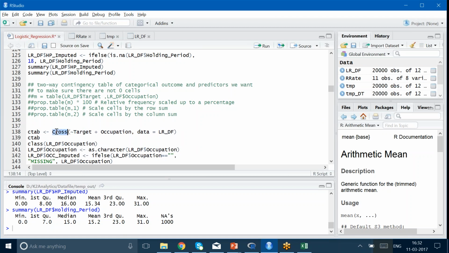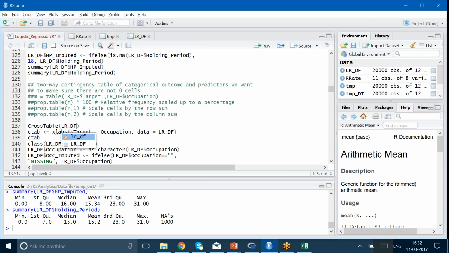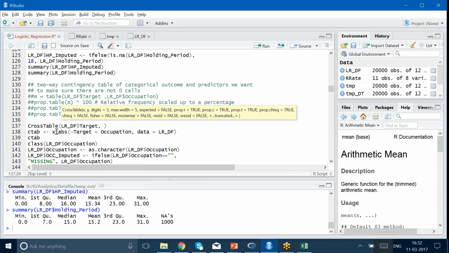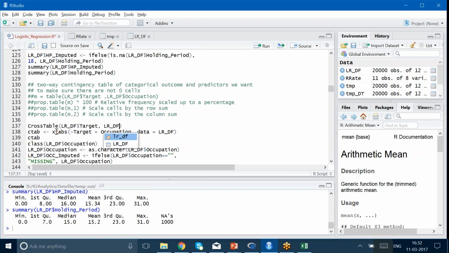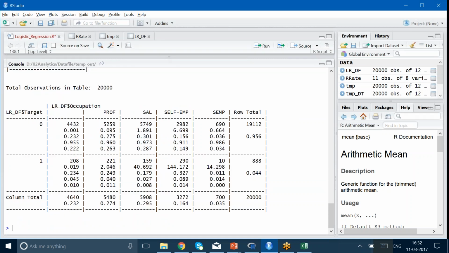Let me cross table LR_df dollar target comma LR_df dollar occupation. I get this cross tabulation.